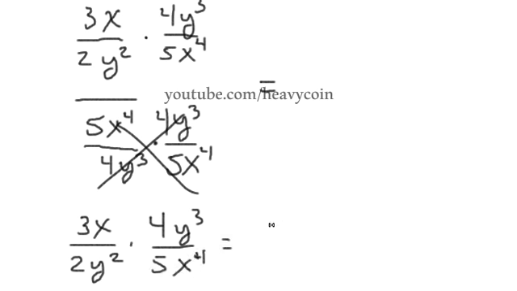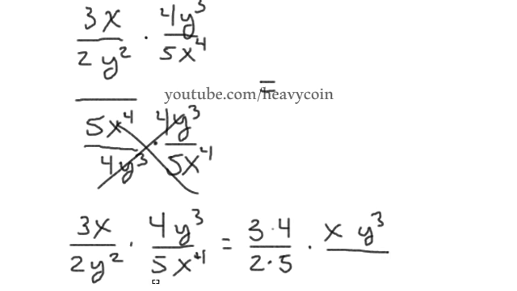I'm going to take this 3 times 4, and this is something else we're not going to do every time, but I'll do it this time. This is x times y cubed, grouping our integers together there, and we have y squared times x to the 4th.